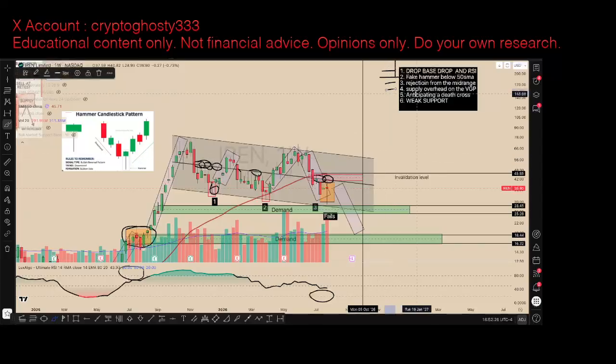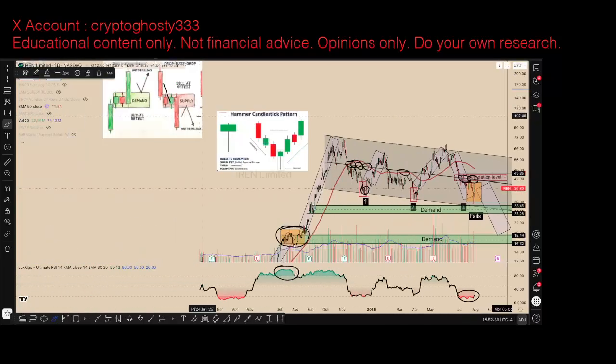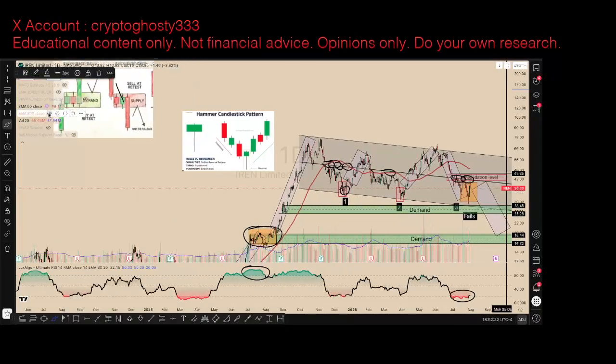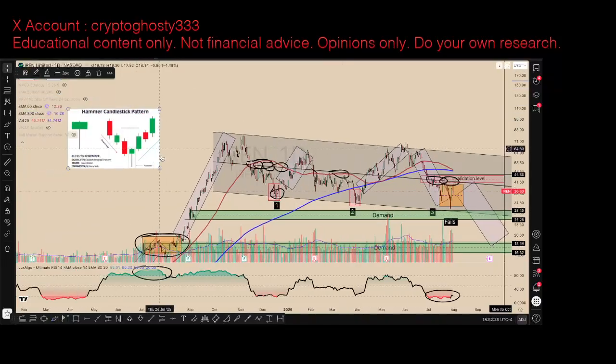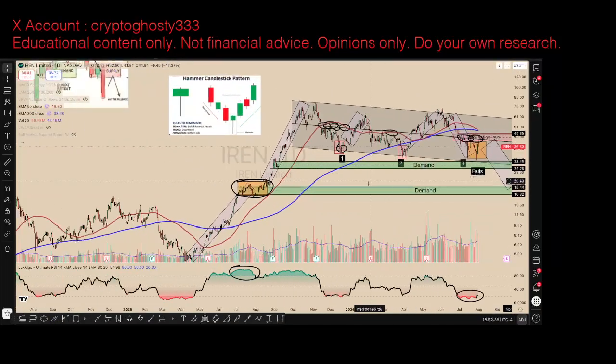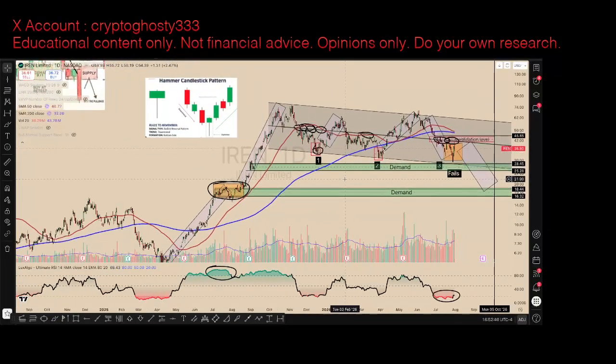Now let's go to the fifth. I'm anticipating a death cross, right? That means when the 50 SMA goes below the 200 SMA. So let's go back in history. On the first base rally, it was fueled because here we had a bullish cross, as you guys can see, and then it moved to the upside.